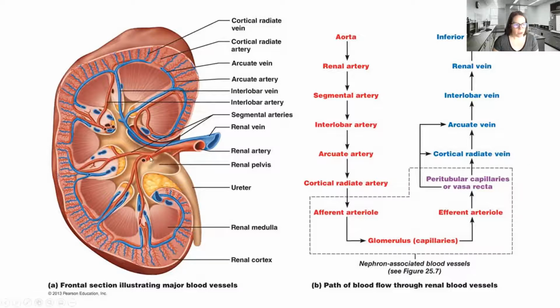Instead of having a segmental artery that runs through the pelvis until we meet the renal column, we have only interlobar. So we go from cortical radiate veins to arcuate veins, and then interlobar all the way through until we hit the renal vein. So that's a really important one to remember.